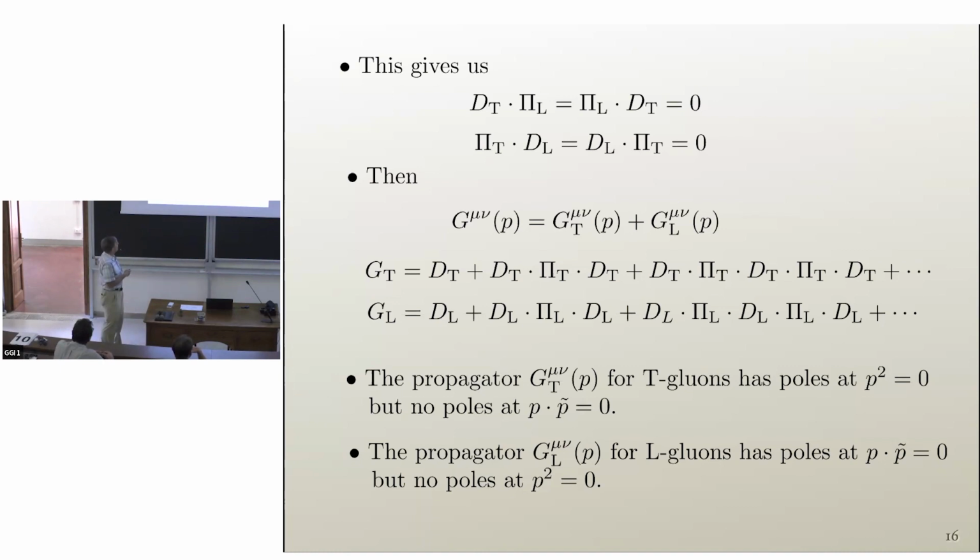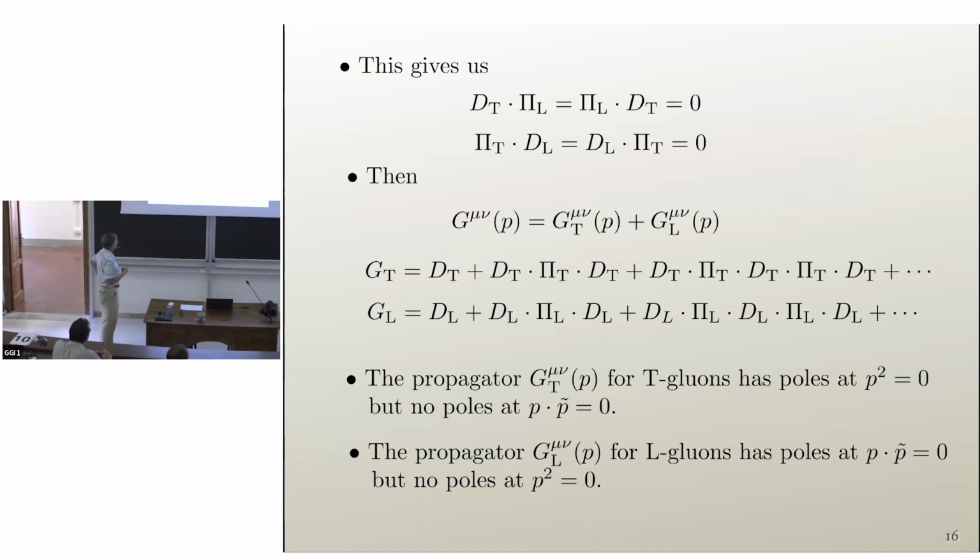So when I now put those conditions into the general expansion of the full propagator, I find that G is G transverse plus G L, where G transverse is D transverse plus D transverse pi transverse D transverse, et cetera, all transverse things. And G L is D L plus D L pi L D L, and all the longitudinal things.